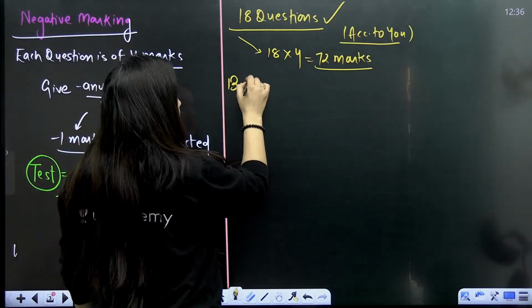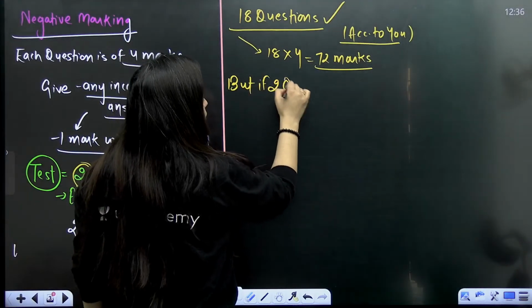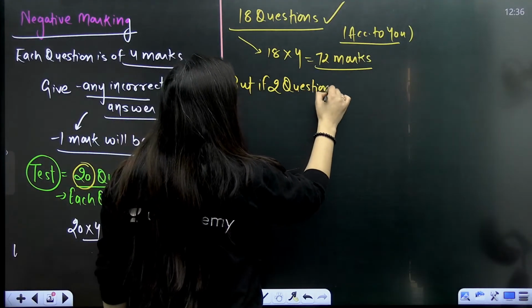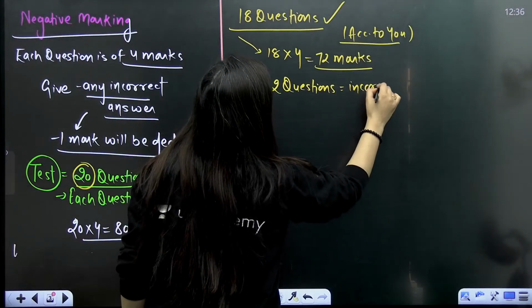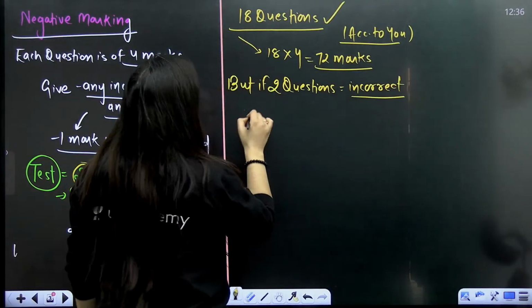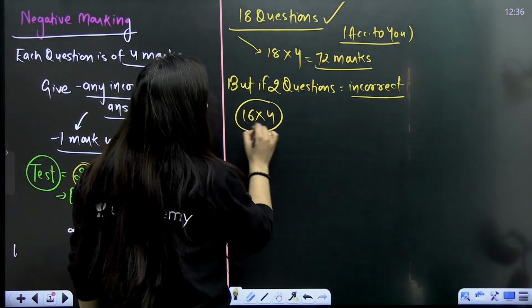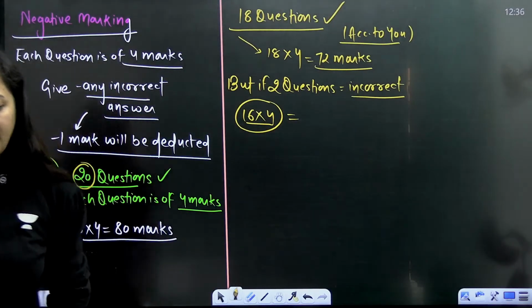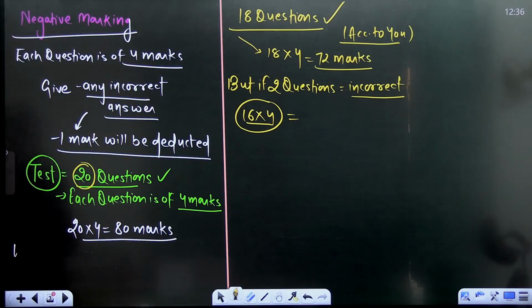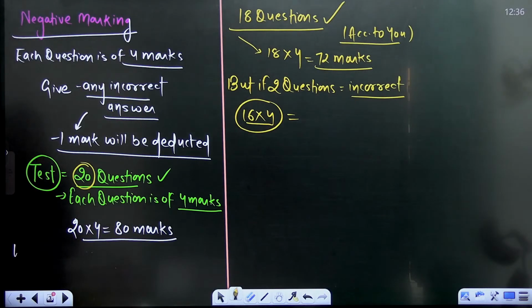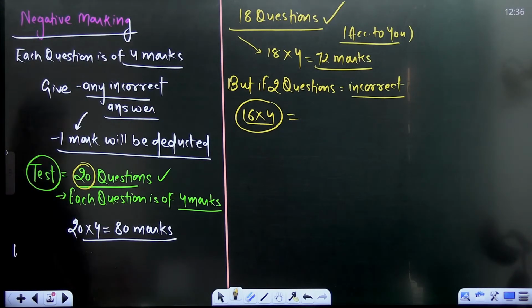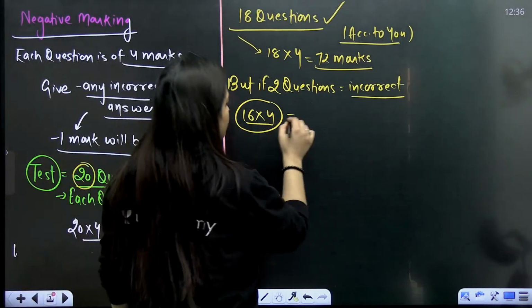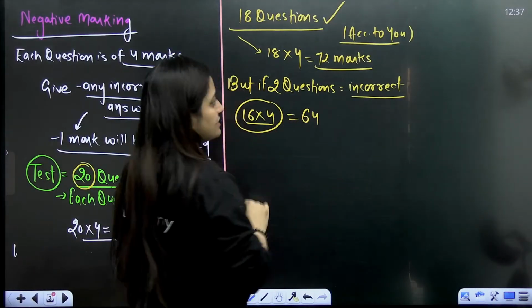But if 2 questions are incorrect, then what's going to happen? Your marks will be like you have marked 16 questions correctly. So 16 into 4 will be 64.